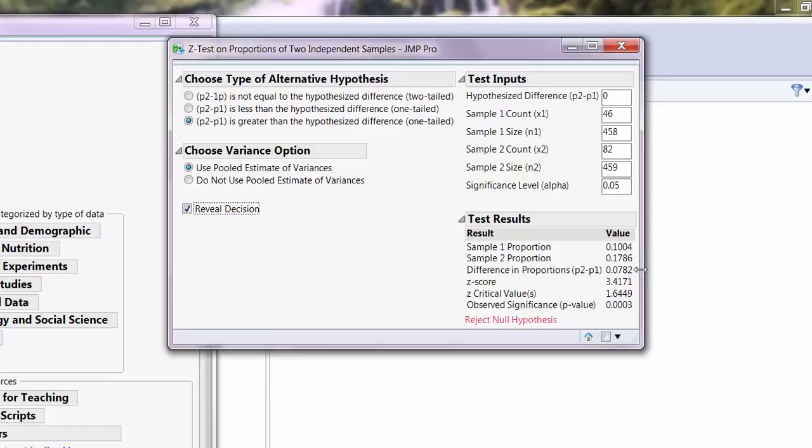So our sample difference was 0.0782, which led to a z-score of about 3.42 is what we rounded it to, but it's really 3.4171. The z-critical value, remember we're going to ignore that, and then our p-value is 0.0003, which leads us to reject the null hypothesis. So this is how you can get JMP to do the mechanics of a hypothesis test for two proportions.